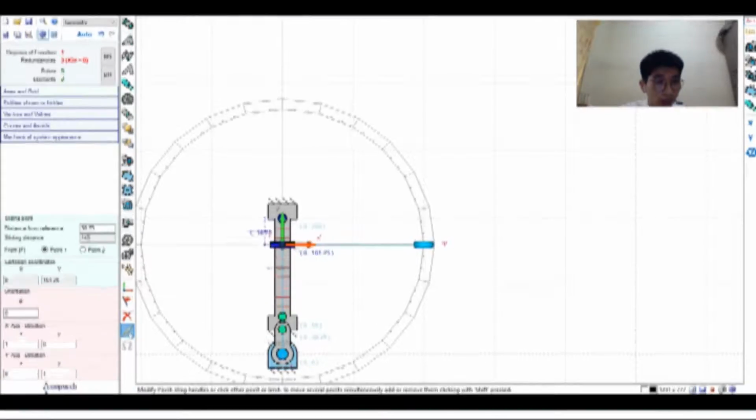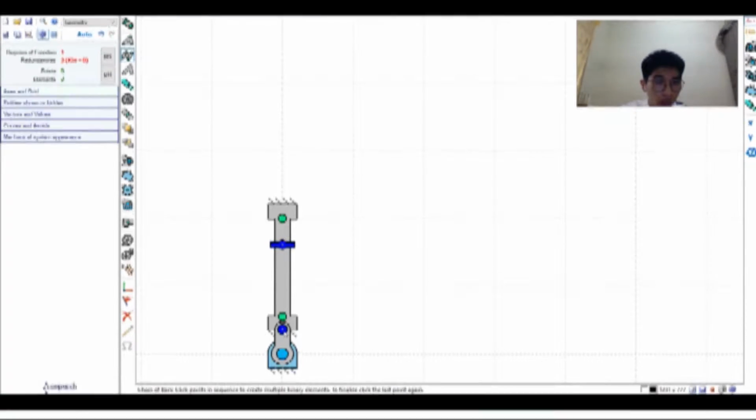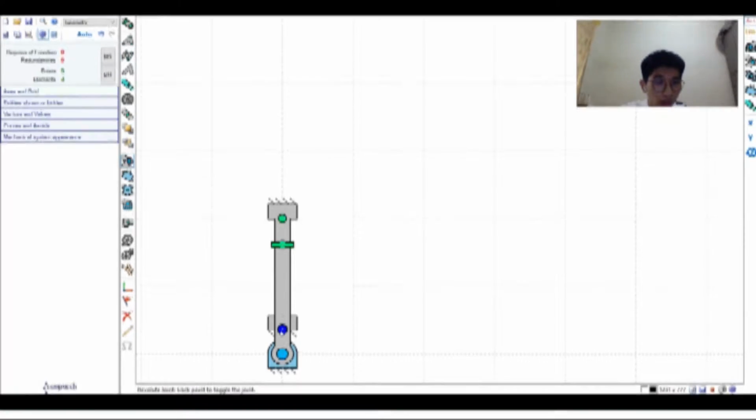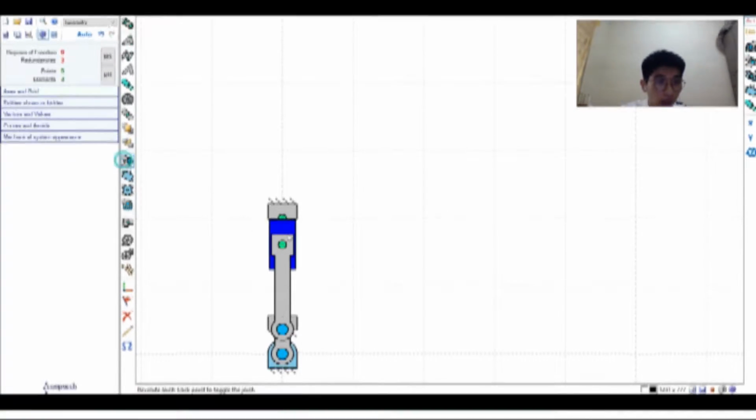Then the joints are formed, and lastly the free joint is plotted, the slider is plotted, and the slider point P is plotted.